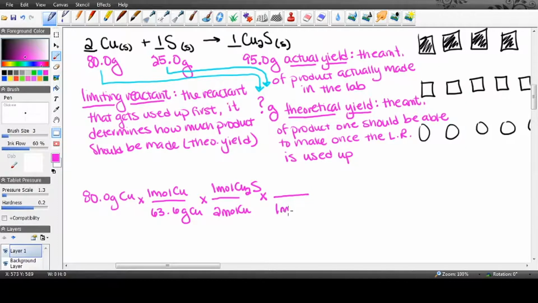And then I need the molar mass of the product. Let's calculate that. So 63.6 times 2 plus my 32.1 for my sulfur, 159.3.